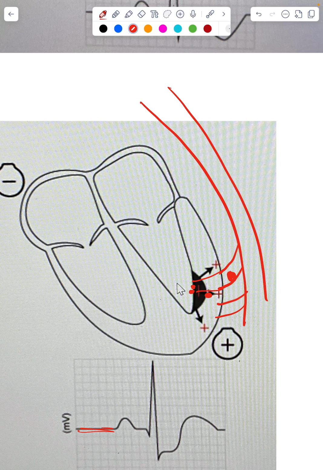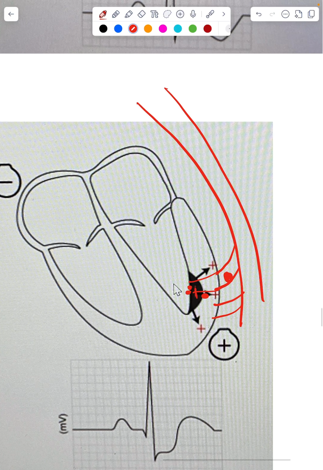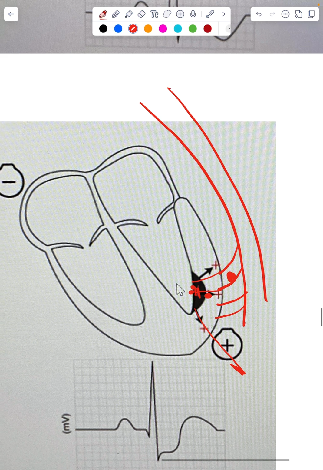And it's a positive dipole moment because the negative charge is dying and going towards a positive, which is going to cause an uptick.